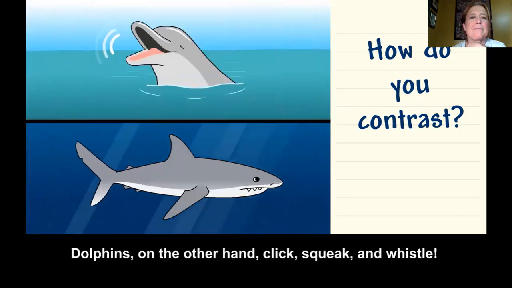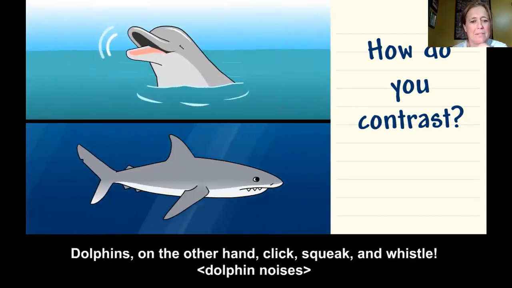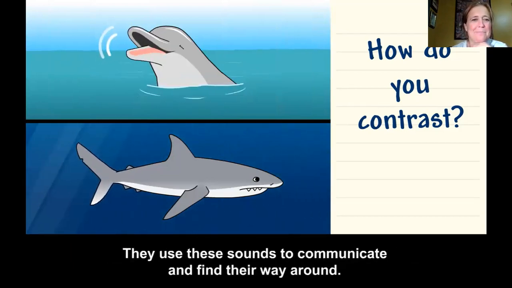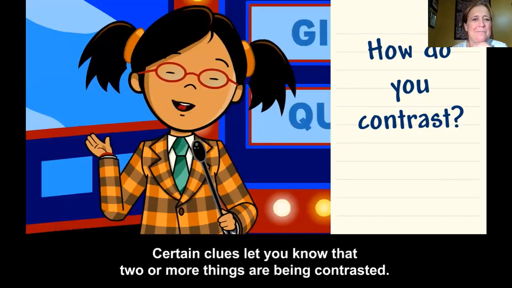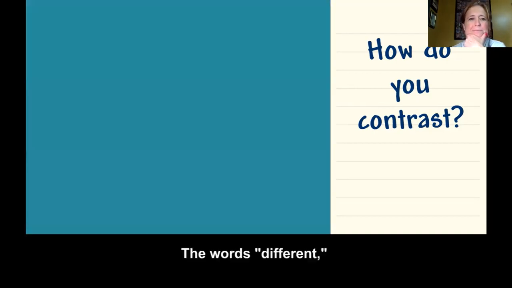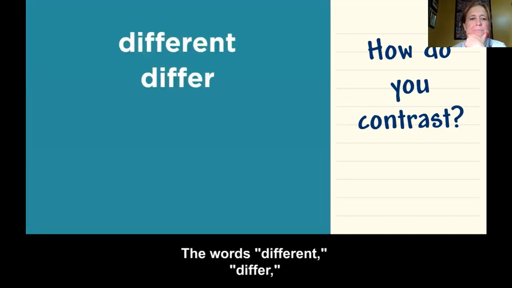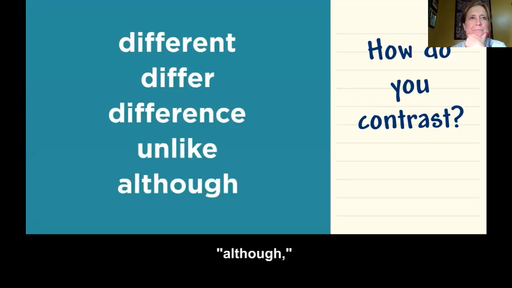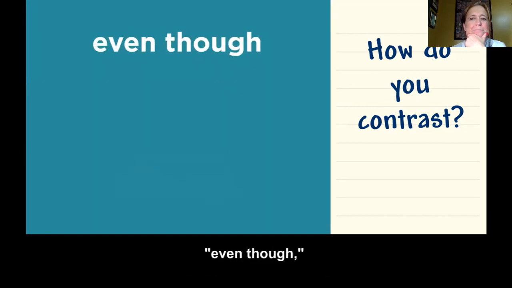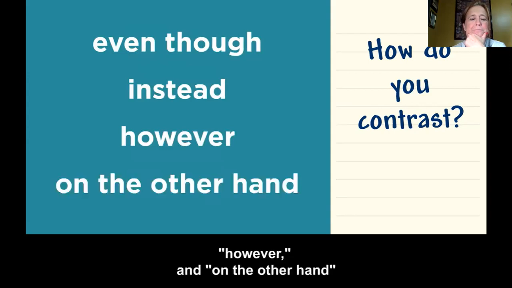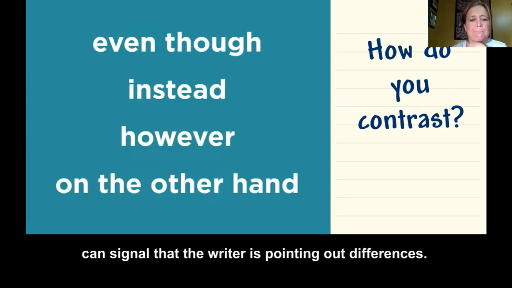Dolphins, on the other hand, click, squeak, and whistle. They use these sounds to communicate and find their way around. Certain clues let you know that two or more things are being contrasted. The words different, differ, difference, unlike, although, even though, instead, however, and on the other hand can signal that the writer is pointing out differences.